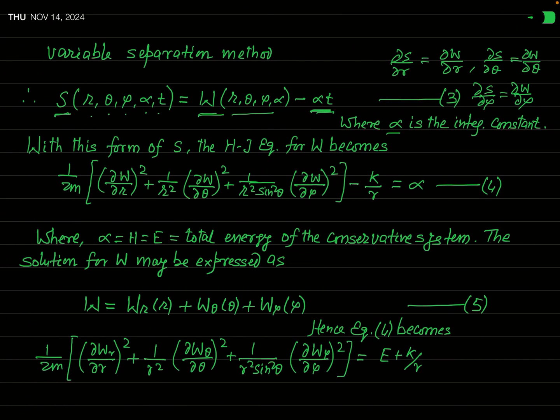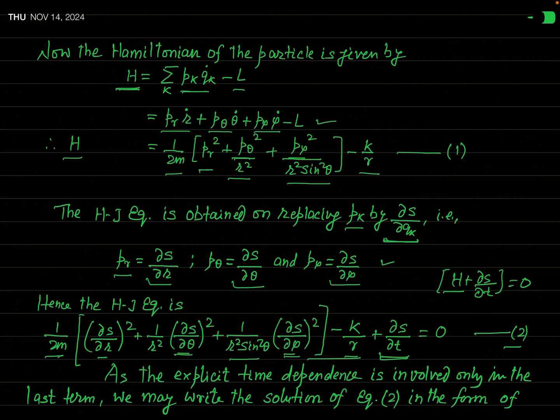And what will be del S by del t? Since W is not an explicit function of t, its partial derivative with respect to t will be 0. And the second term, differentiated with respect to t, will simply be equal to minus alpha.